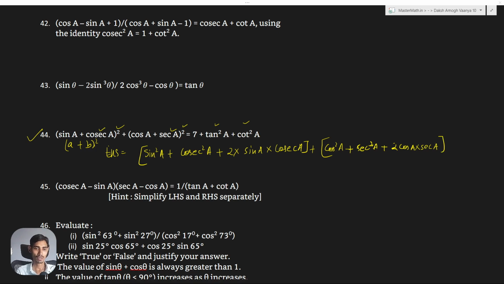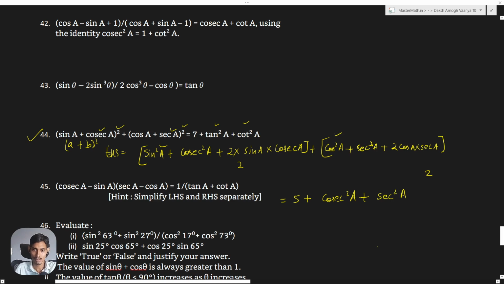Now we have to get tan square and cot square, and there is a 7 also. So we'll see what happens. This is 2 basically, 2 into 1, 2, and this is also 2. And sine square and cos square we have to get rid of, and because it's a square identity we can use 1. So 1 plus 2 plus 2 is 5, plus cosecant square a plus secant square a.